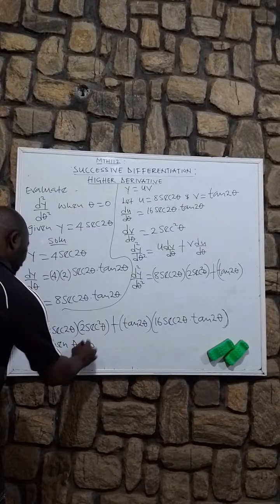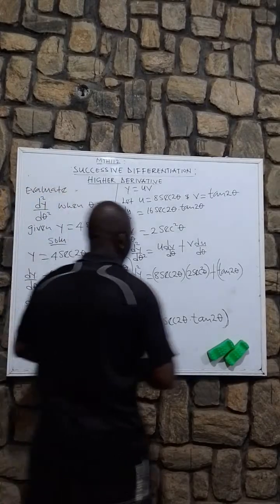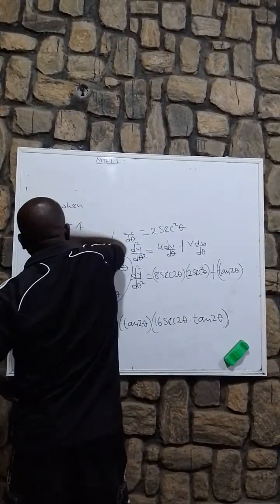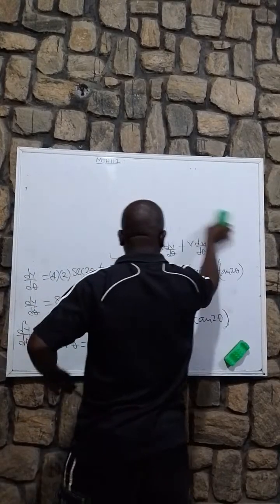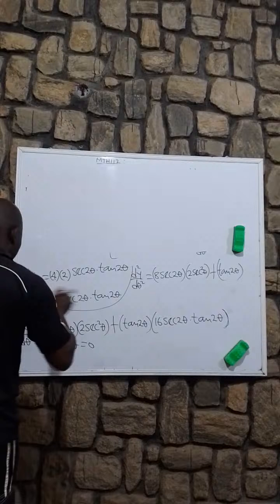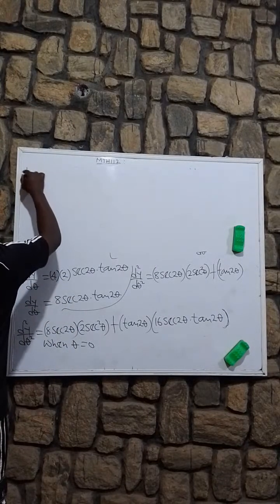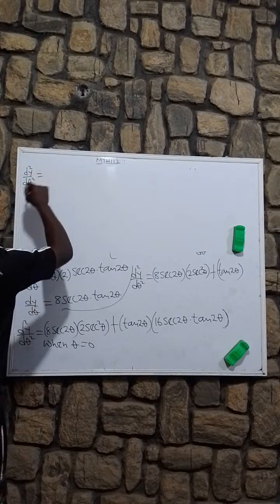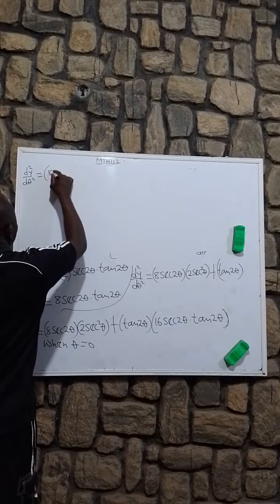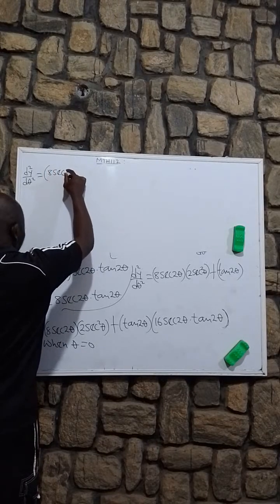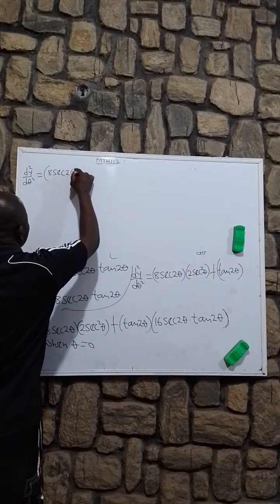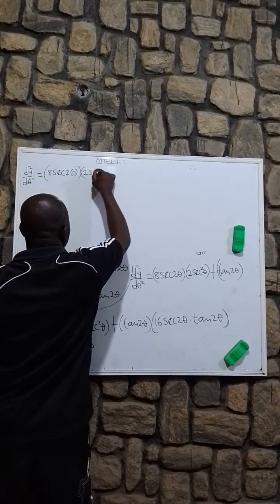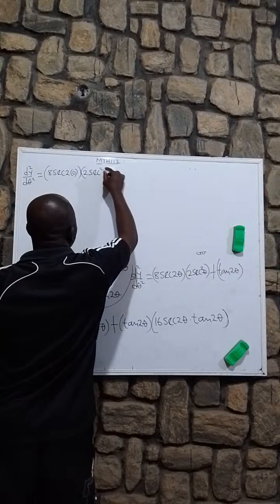When theta equals to 0, we are going to substitute in theta. So it means our d square y all over d theta square will now be equals to open bracket 8 sec 2 times 0 close bracket times 2 sec square theta is 0, right?